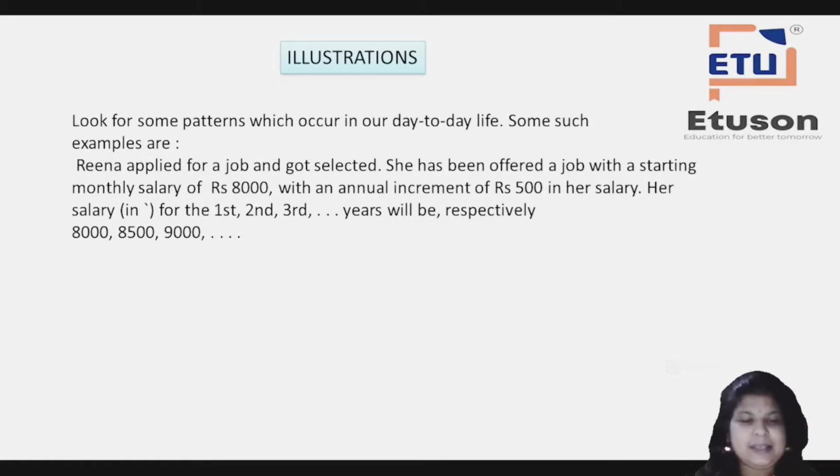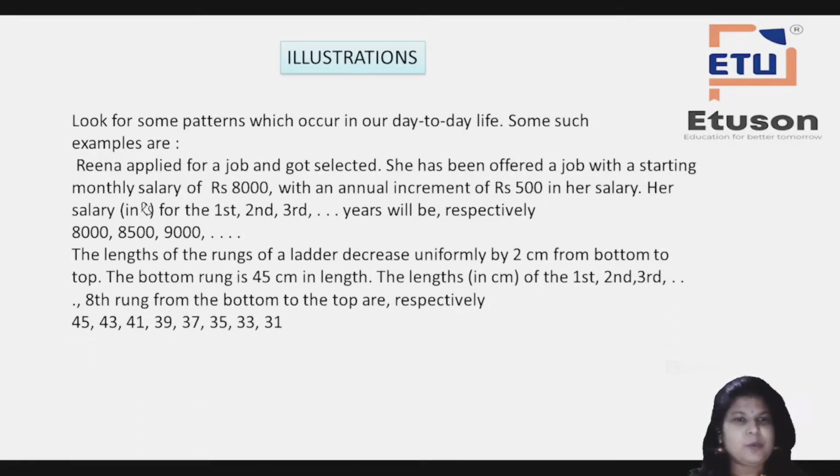Her salary in rupees for the first, second, third year will be respectively how much it will be? First year it will be 8,000, second year 8,000 plus first year of annual increment, that is 500, that is 8,500, and third year it will be 9,000, and so on and so forth. Correct?